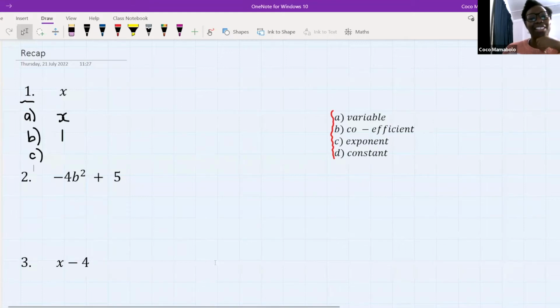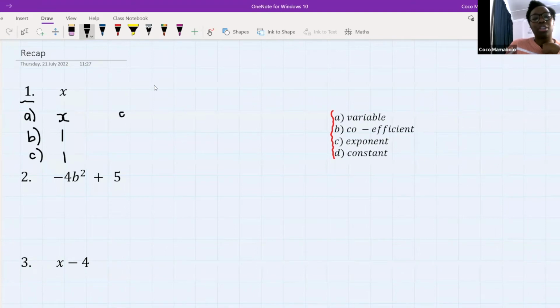Michelle, can you help us? What is the exponent of X? Are we just having trouble unmuting, guys? Nelisa put it in the chat. Nelisa says it's 1. Excellent. I'm glad you remember.